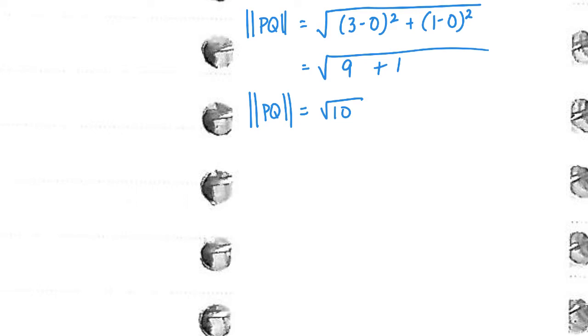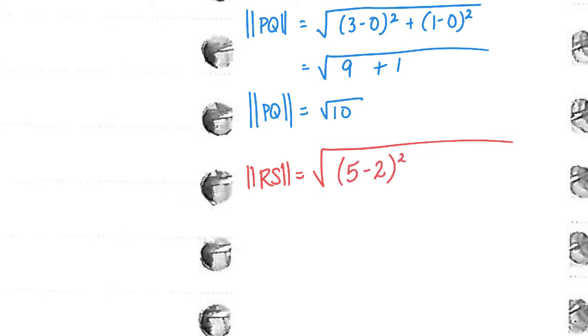So I also have to look at RS. RS, we're going to take one of the points, 5 minus the x on the other point, 2, square it, add it to the y in the first point, 3, minus the y in the second point, square it.